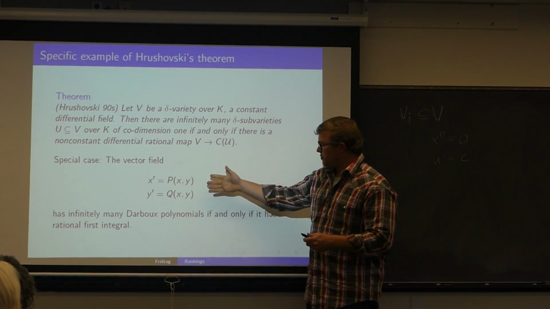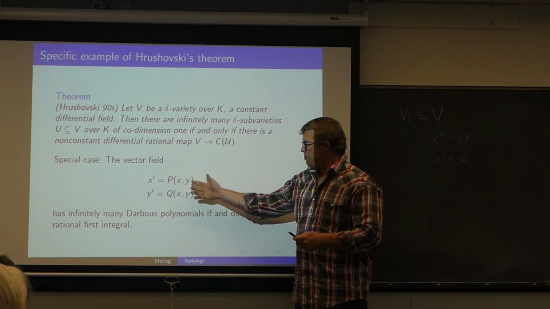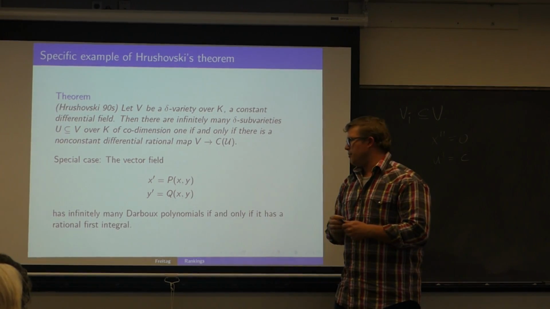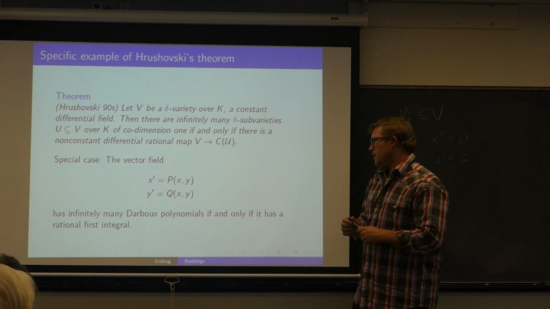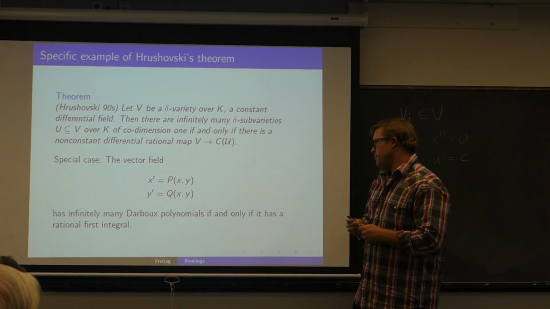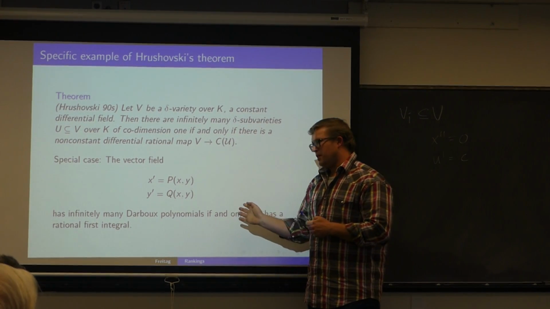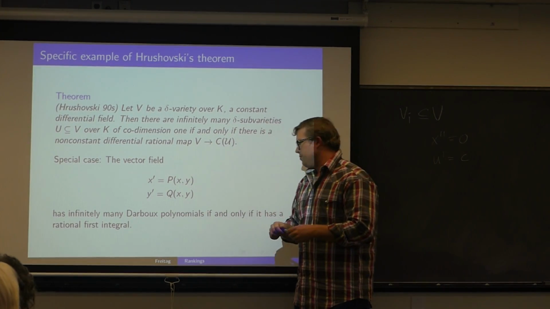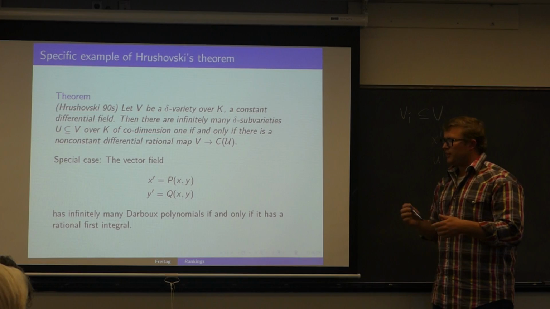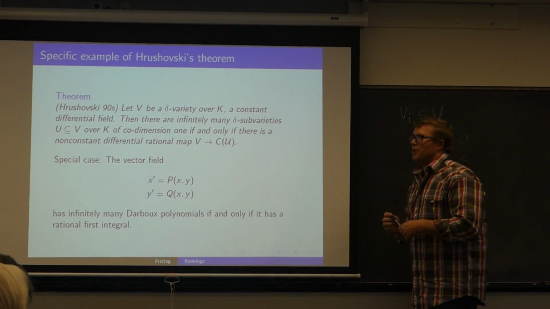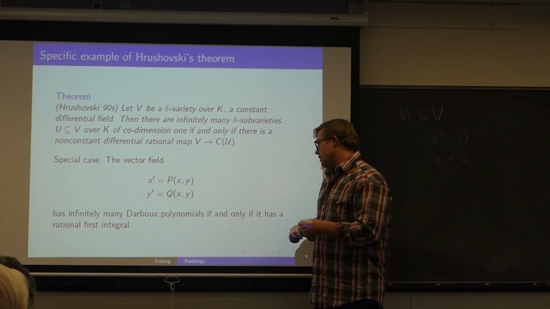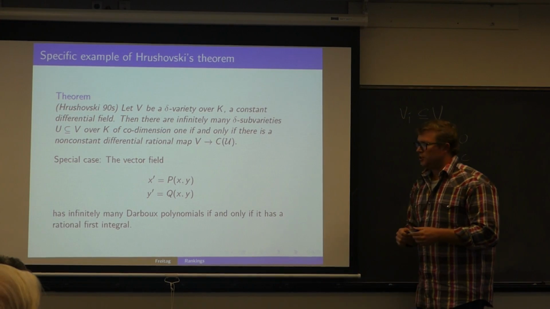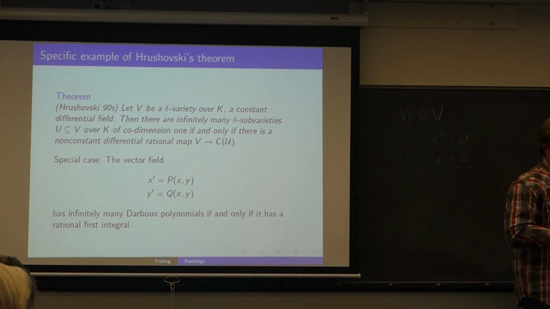If you take a vector field in 2 variables, P and Q having coefficients over complex numbers, say, then such a vector field has infinitely many Darboux polynomials if and only if it has a rational first integral. For model theorists, Darboux polynomial basically means D-subvariety, a polynomial whose zero set is a D-subvariety, and rational first integral just means a non-constant map to the constants.